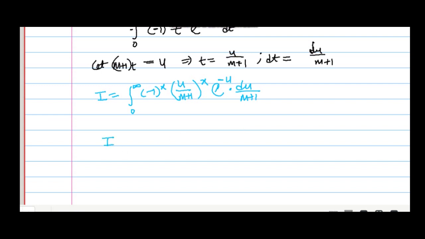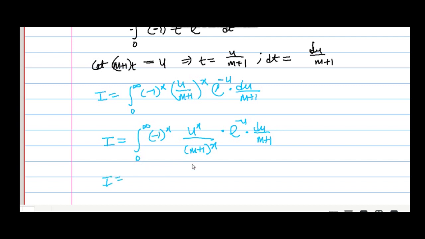So I now is going to be equal to the integral from 0 to infinity of minus 1 raised to the power of x multiplied by u raised to the power of x divided by n plus 1 raised to the power of x, multiplying the exponential of minus u, multiplying du divided by n plus 1.